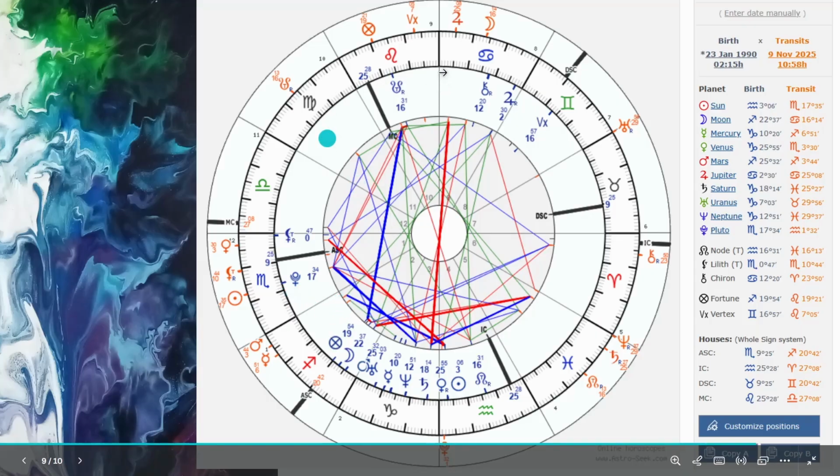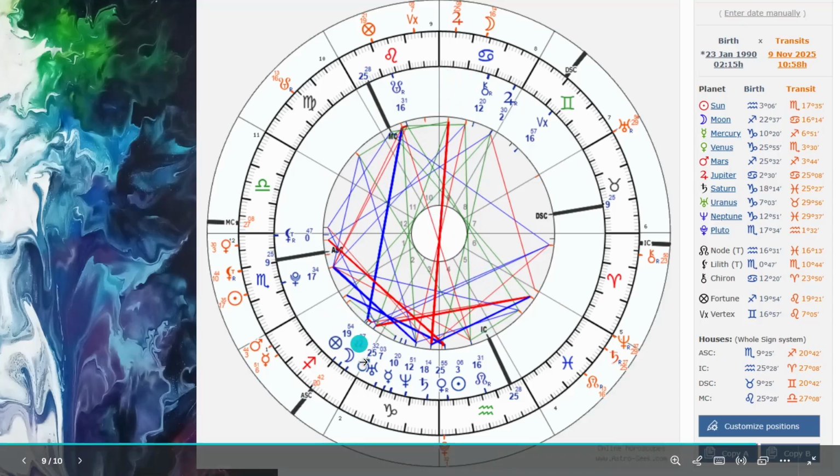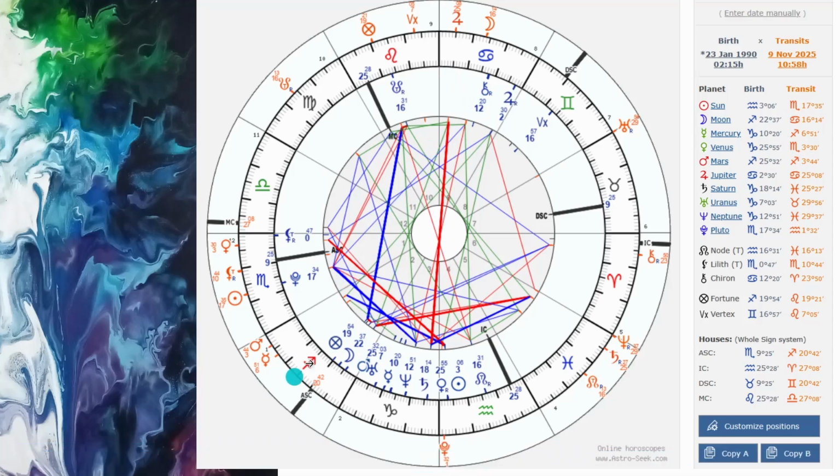We have Jupiter opposing natal Venus, but unable traditionally to aspect the MC and the IC, because that would be a semisextile and a quincunx, and unable to aspect natal Mars at 25 Sag, by another quincunx.